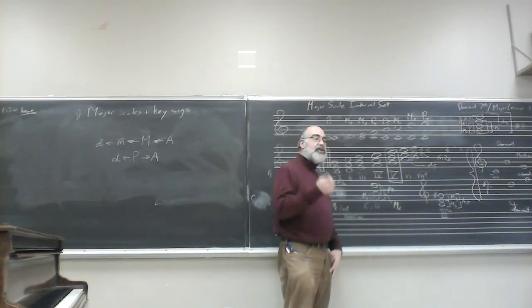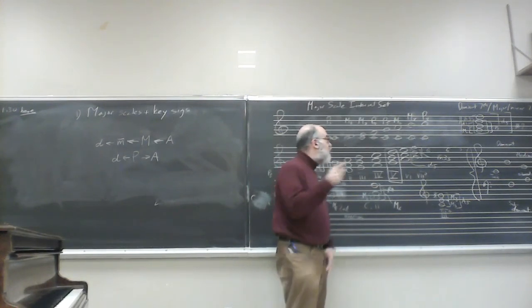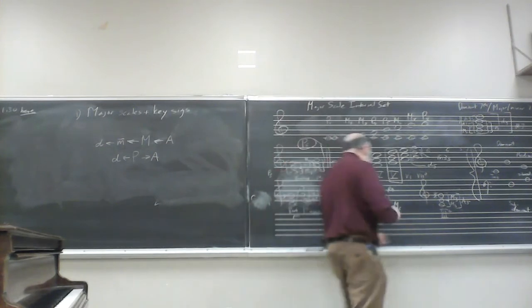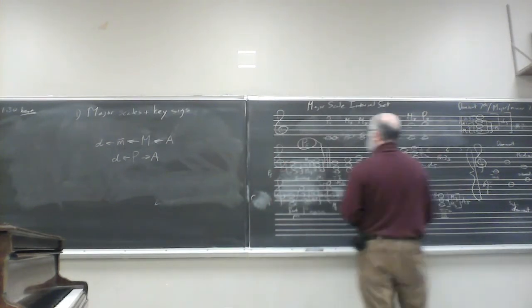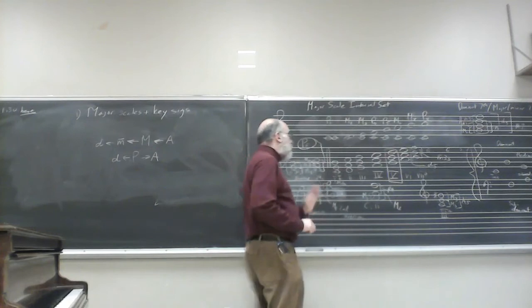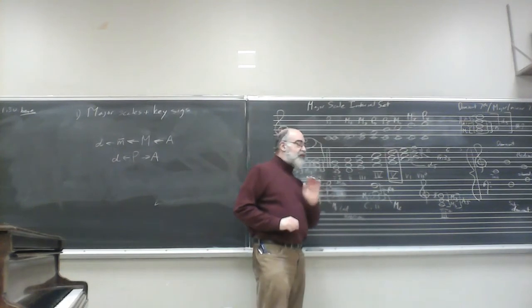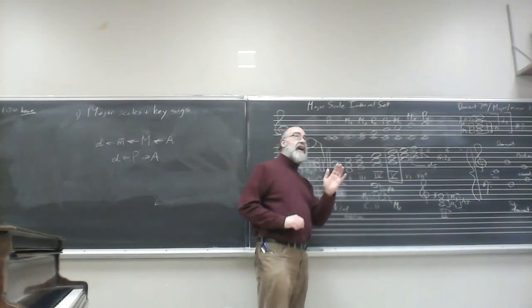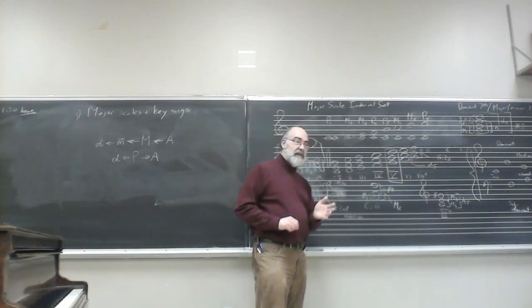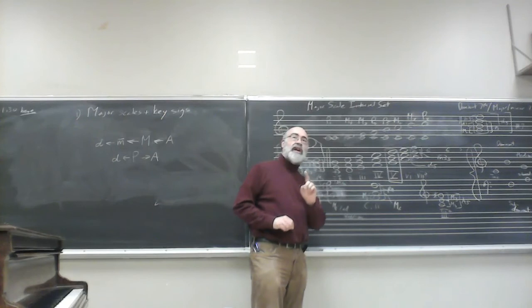Now, the G sharp major scale is what's called a theoretical scale. Why? Because it entails a double sharp. You cannot have more than 7 sharps in a key signature. However, take a look at this. G sharp, A sharp, B sharp, C sharp.